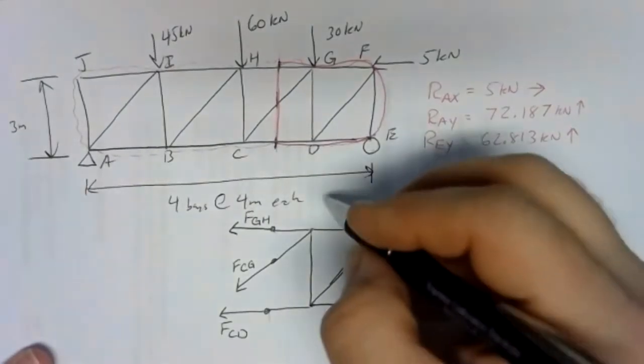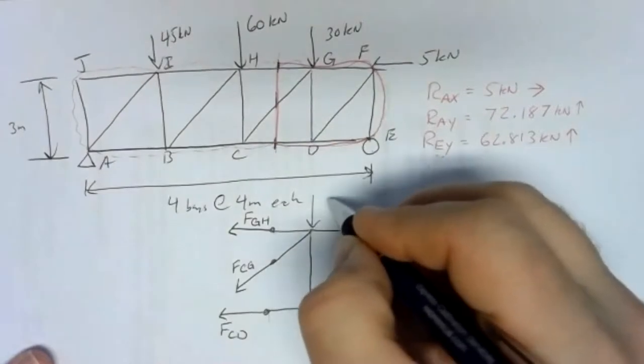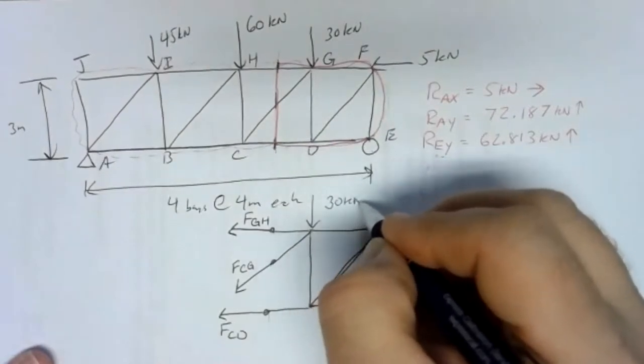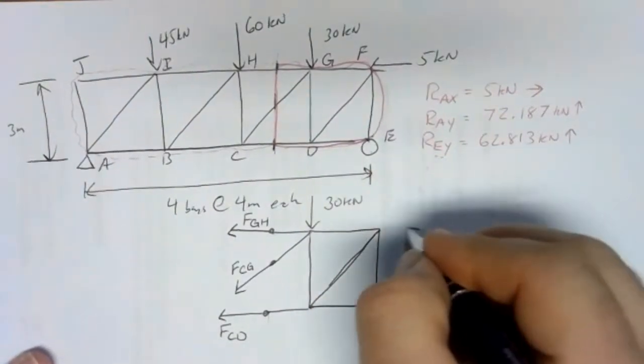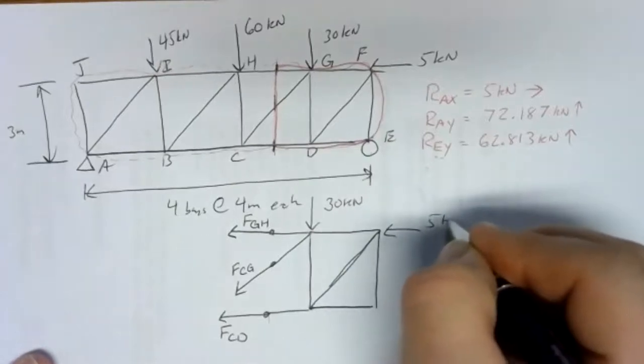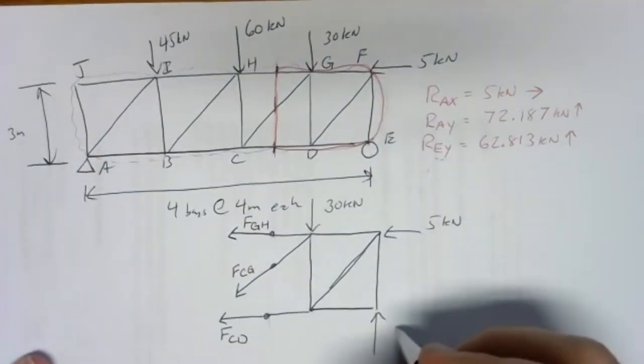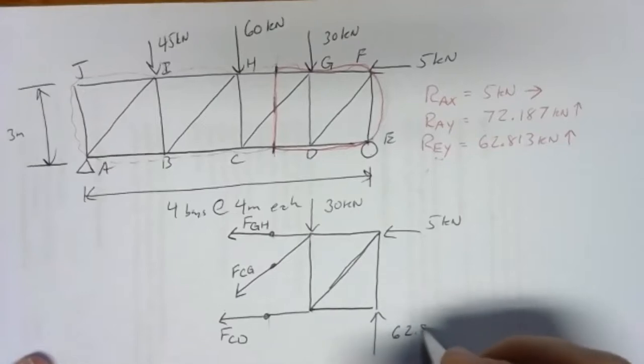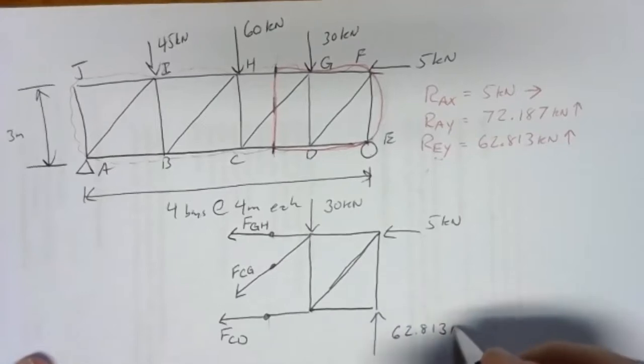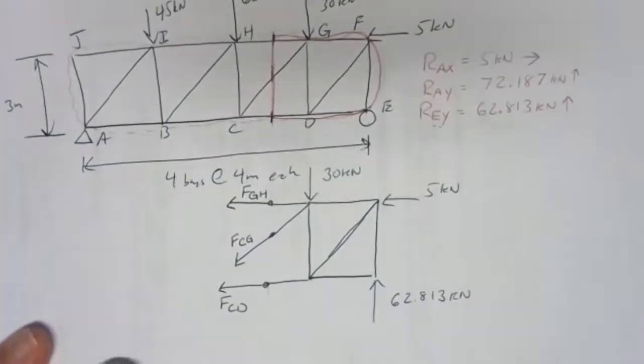Then don't forget your external forces. You've got that 30 kilonewtons at G, you've got 5 kilonewtons at F, and then we have the reaction at E, 62.813 kilonewtons.